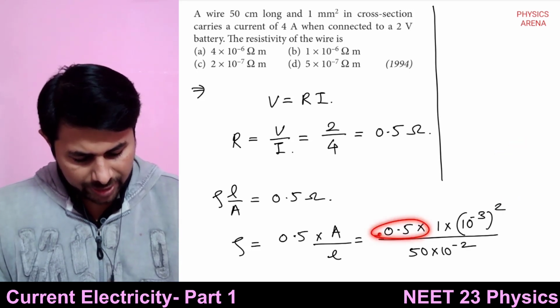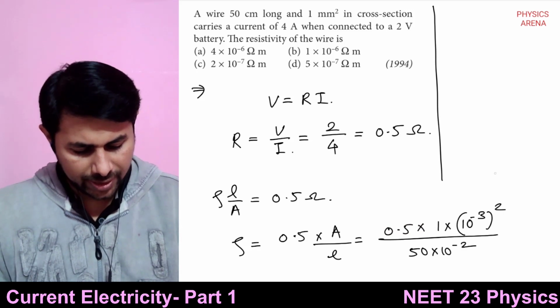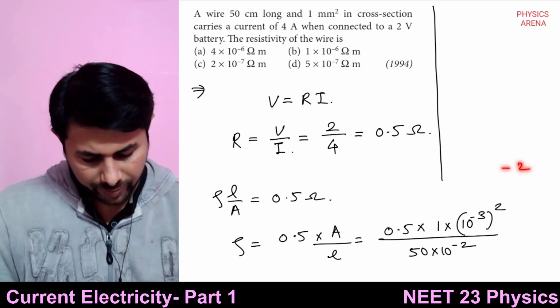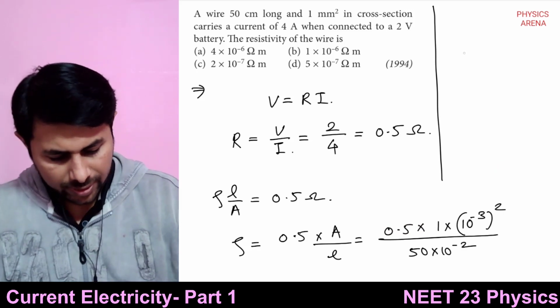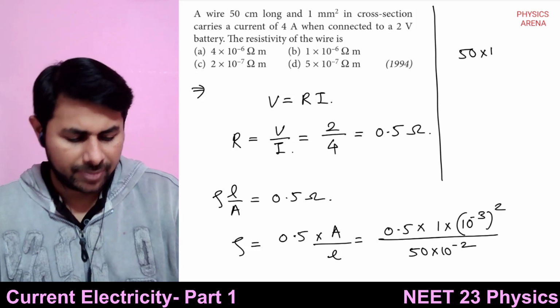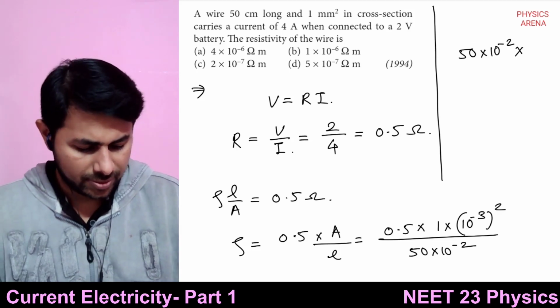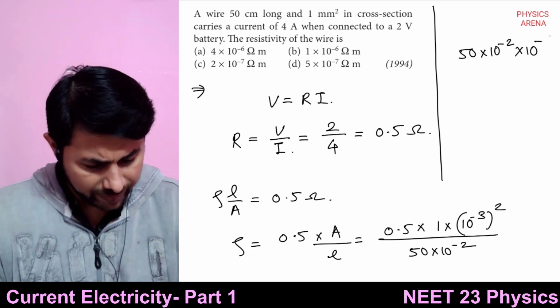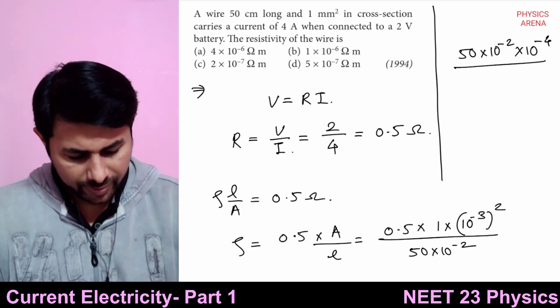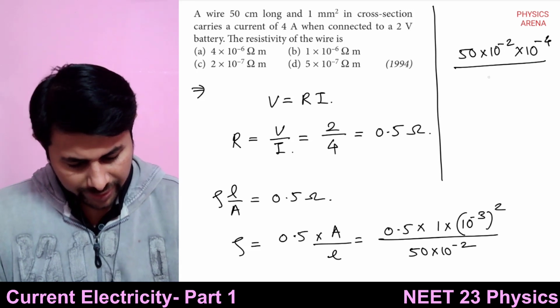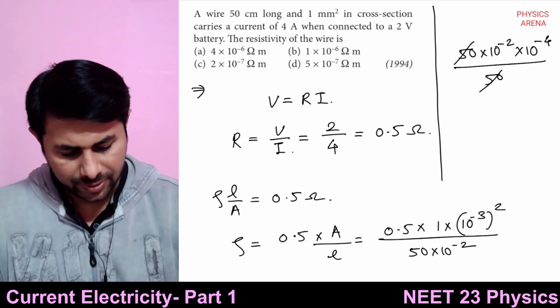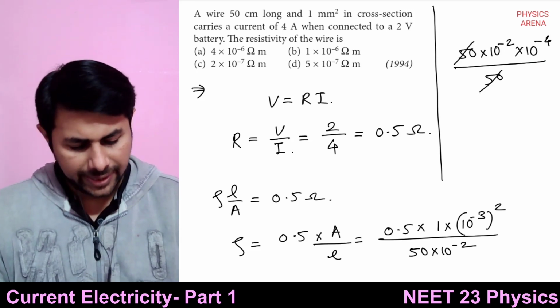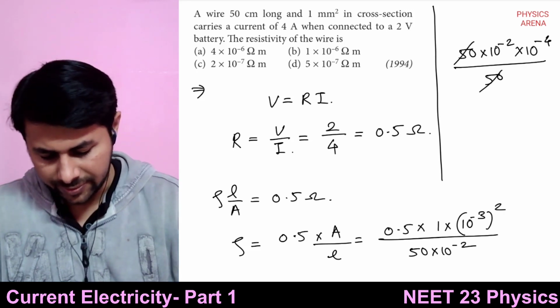If we make this 50, it will be another minus 2, so 0.5 can be written as 50 multiplied by 10 raised to minus 2, multiplied by 10 raised to minus 4, divided by 50. So this thing gets cancelled out. This 10 raised to minus 6 is the answer.